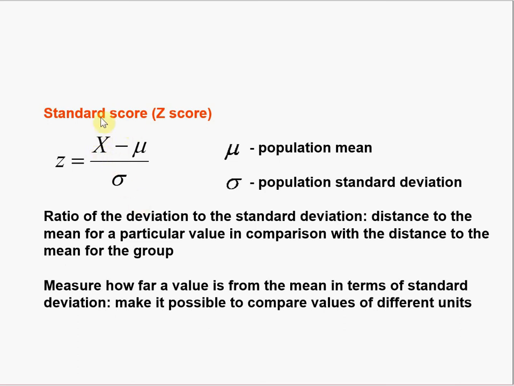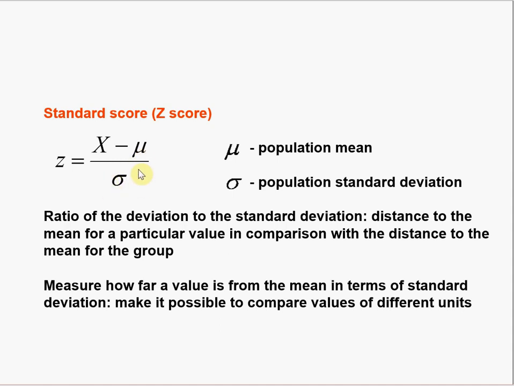The top of the formula is x minus mean. What is x minus mean? The value of a particular variable minus the mean of the variable. We know this concept from before. This term is called deviation. Deviation refers to the distance of a particular value from the mean.